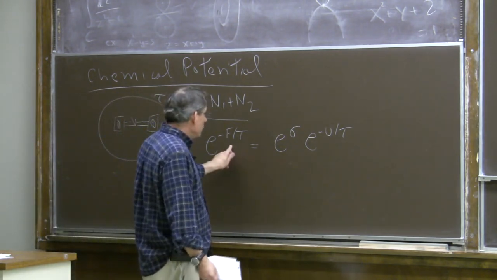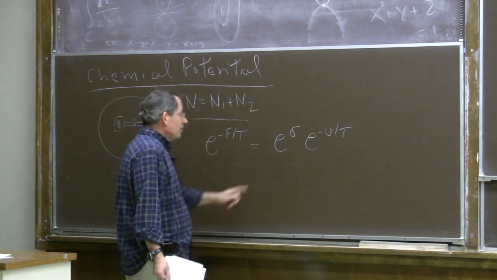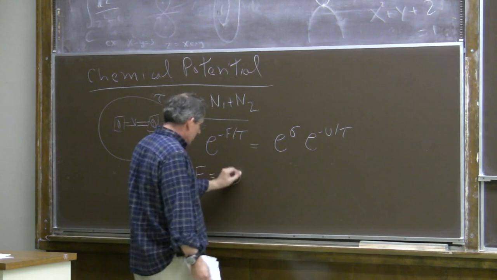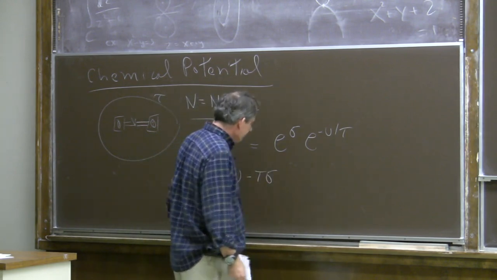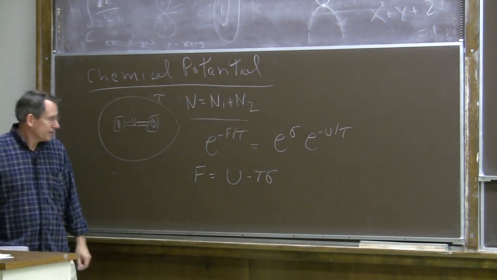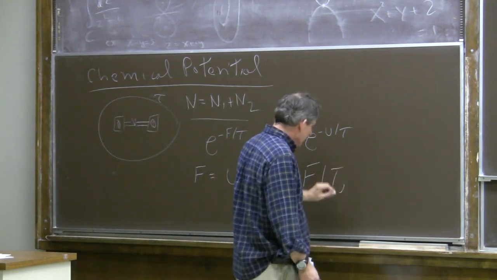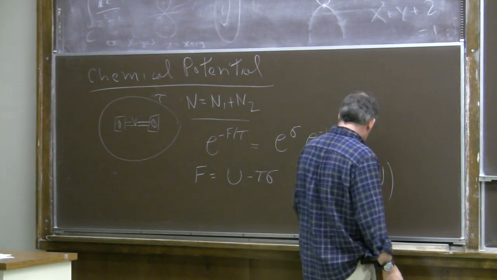And so if we choose u so that this quantity is maximal, then the free energy becomes a function of tau. So we consider the free energy to be a function of temperature, volume, and number of particles.